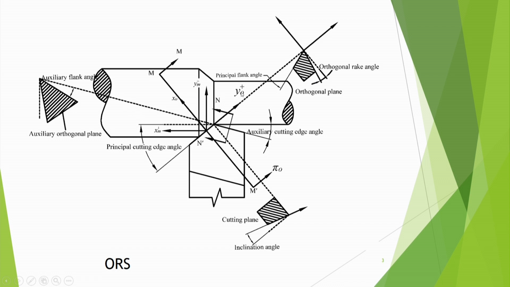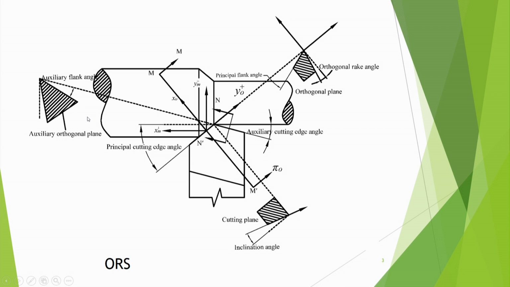Then similarly we can make one auxiliary orthogonal plane. The main cutting edge is there; based on the main cutting edge you have made one orthogonal plane. Similarly, based on the auxiliary cutting edge also you have made one view, that is the auxiliary orthogonal plane, and in that you see there is an auxiliary flank angle that will be visible here.